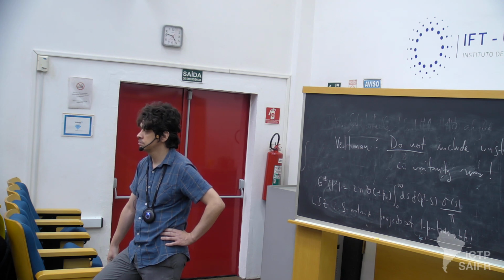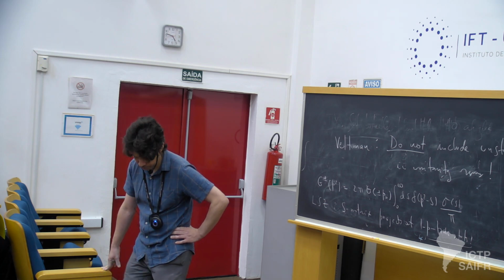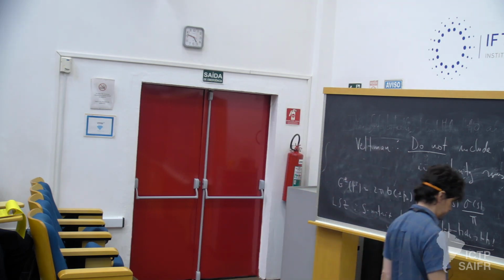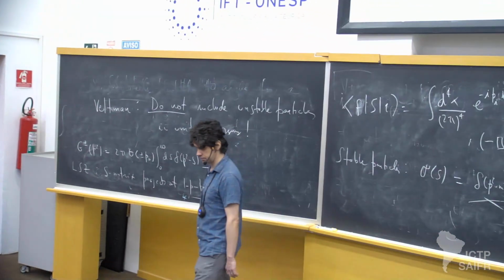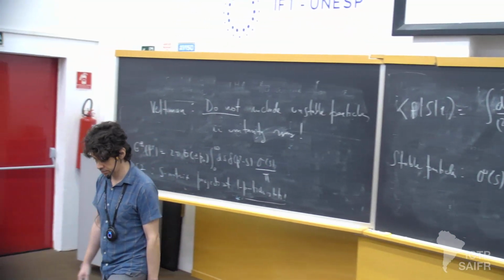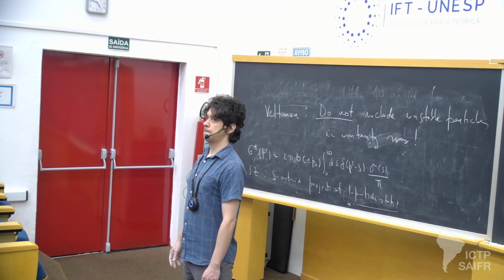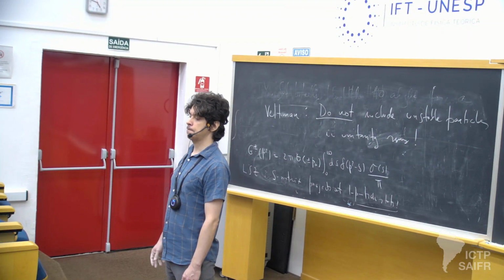So this Veltman proof that your theory is unitary, is that saying it's unitary in the final initial states, or it's unitary everywhere, and I shouldn't expect any intermediary breaking of unitarity?